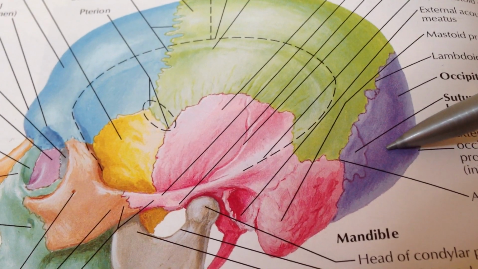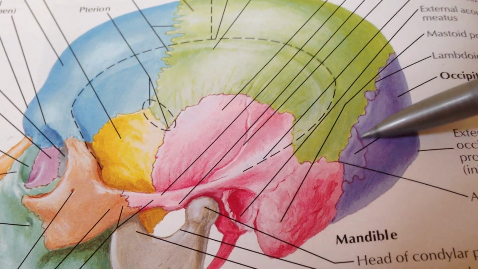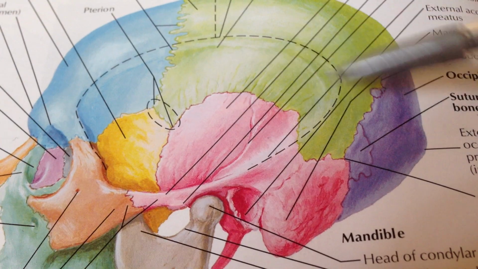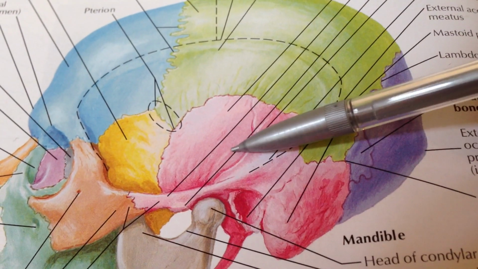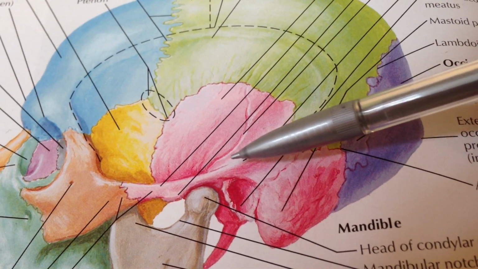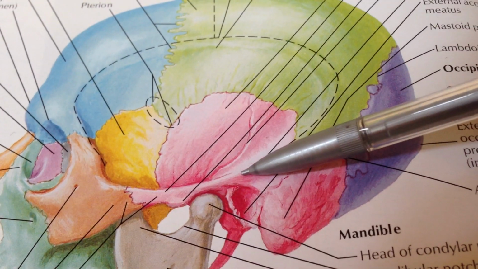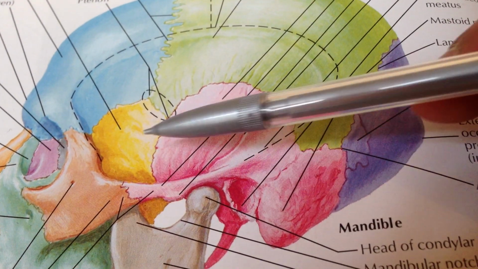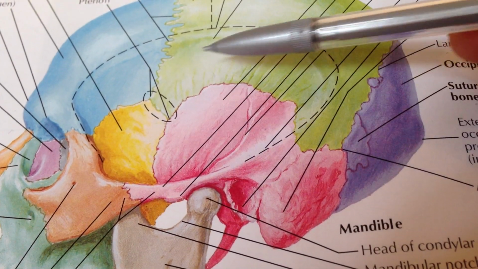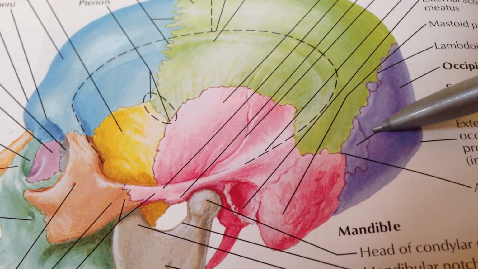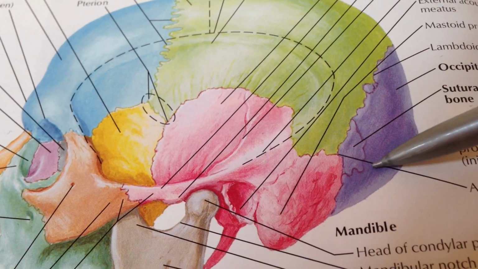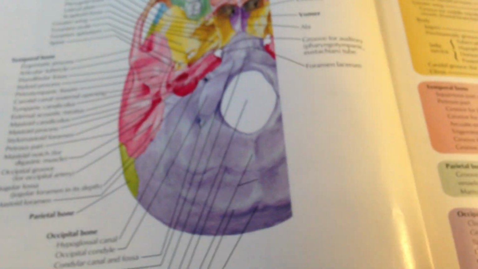Now, this is just for illustration purposes, but these colors basically represent the bones that surround the temporal bone. So the temporal bone, when it's inserted into the cranium, is going to be bordered anteriorly by the sphenoid, superiorly by the parietal, and posteriorly by the occipital. Now we're going to begin discussing each part in detail.